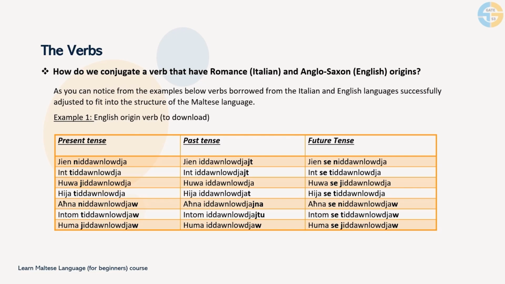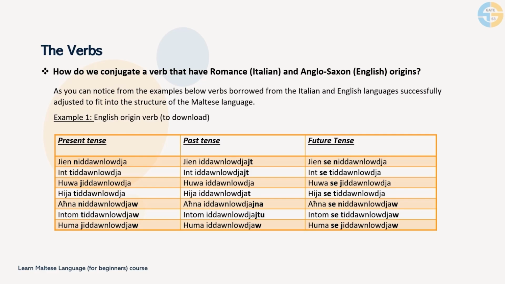So we are going to have two examples: one originated from the English verb, and one that originated from the Italian verb. Example one is of an English origin, and this verb is to download. So to download has to be conjugated in Maltese as follows.